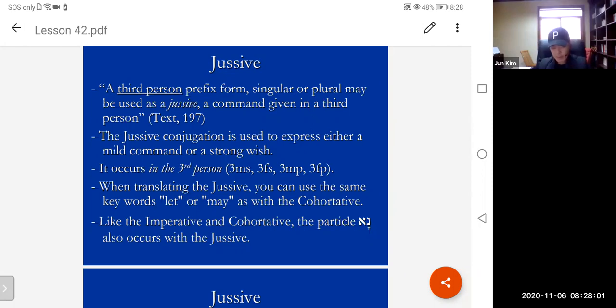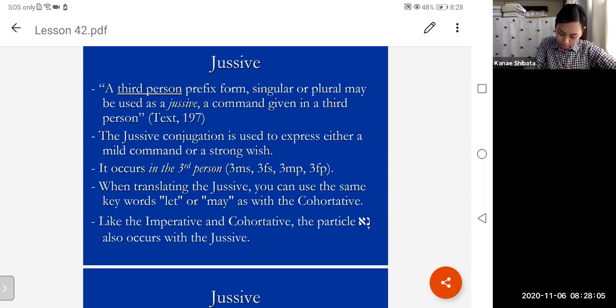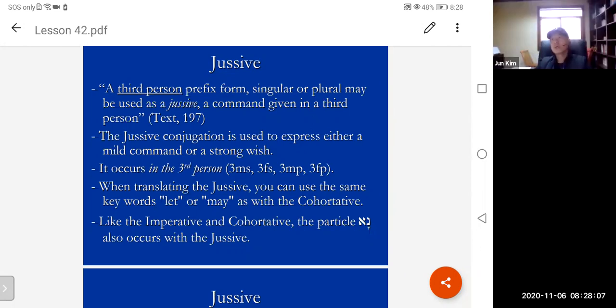Okay, would you stop there? As I said, the last one is important. We have difficulty recognizing the presence of jussive because the shortening of the verb is not going to happen all the time. So if you have a prefix form, third person, and at the same time you can see na, then you better think about this possibility of jussive.